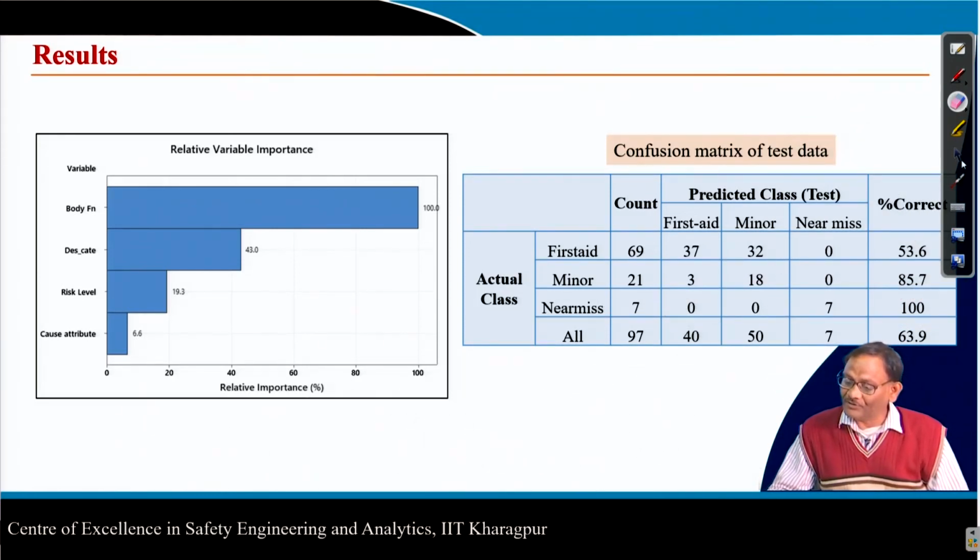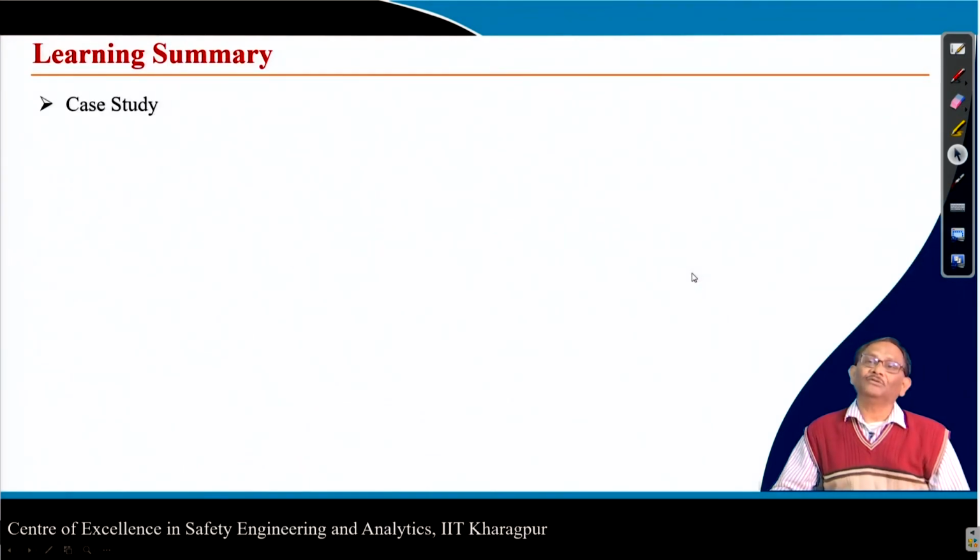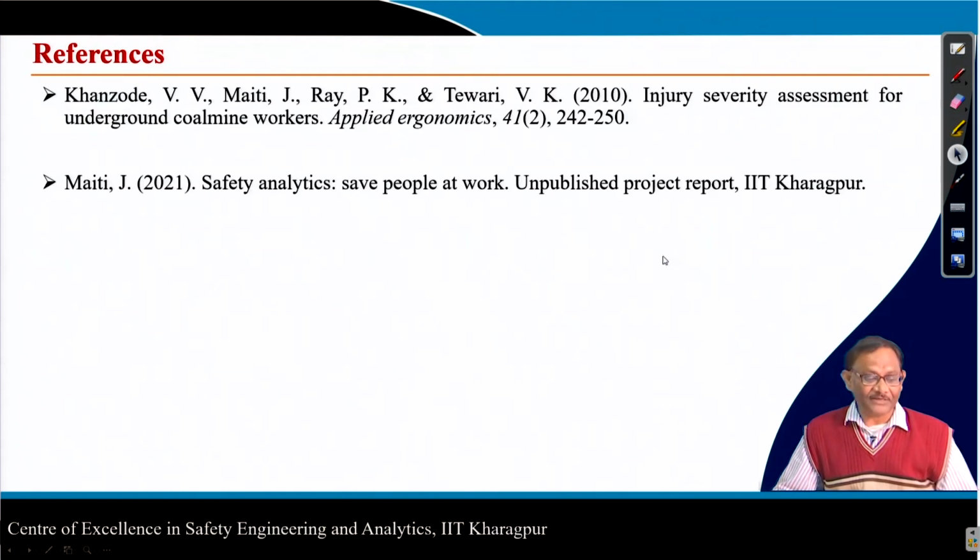So I am sure that this case study helps you understand the use of CART in a real life situation. My request to all of you: why don't you go through the paper given in the reference, Injury Severity Assessment for Underground Coal Mine Workers, Applied Ergonomics, and develop something new out of it.